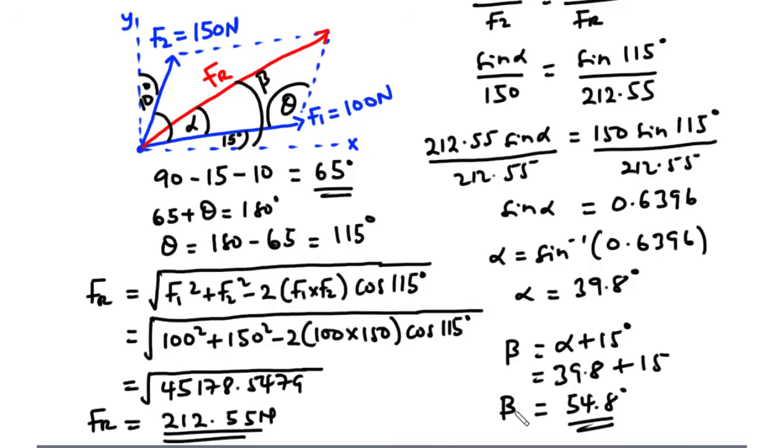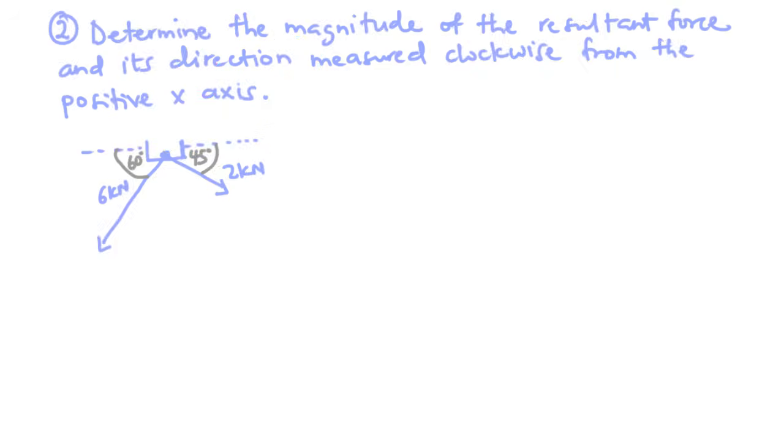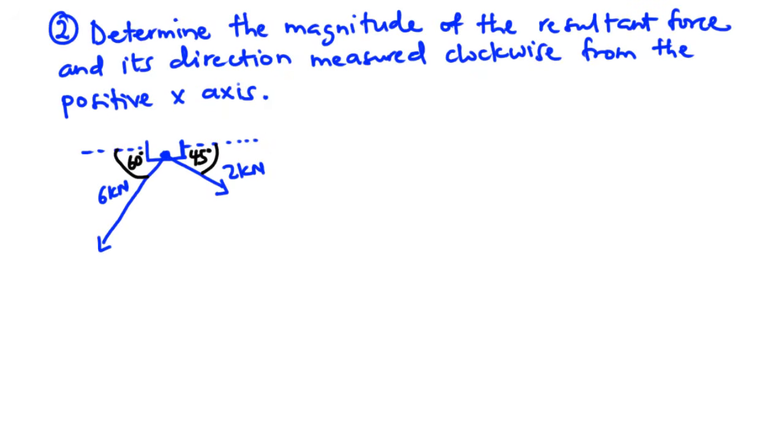Now let's solve the second example. So for question number 2, we are to determine the magnitude of the resultant force and its direction measured clockwise from the positive x-axis. Now to solve this problem, we first of all need to draw the resultant force.